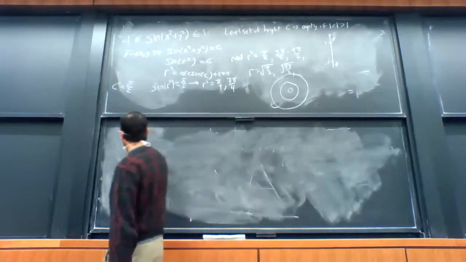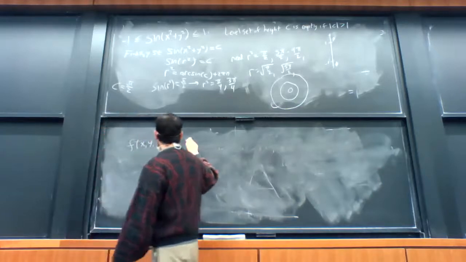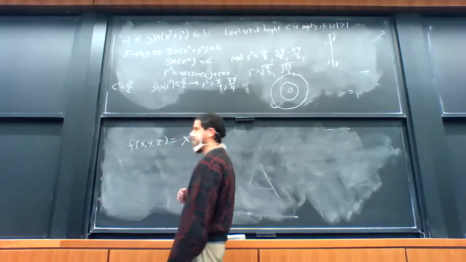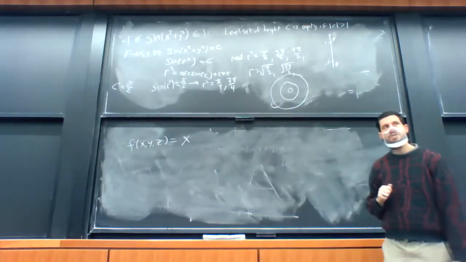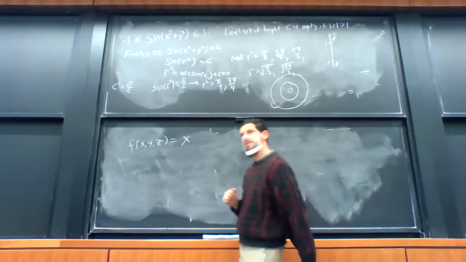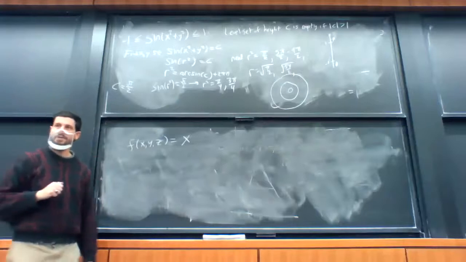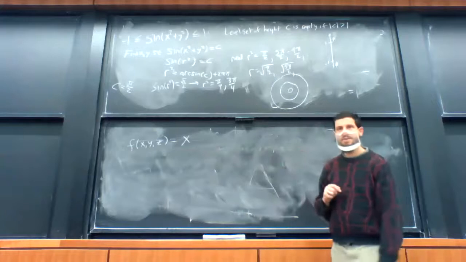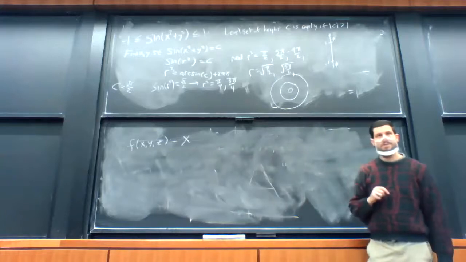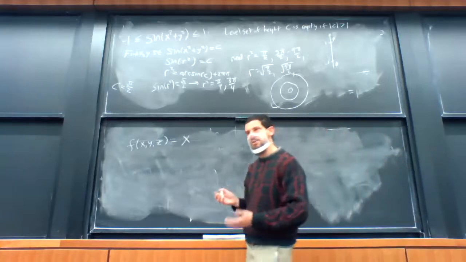If I give you maybe f of x, y, z is x, what do you think those level sets are going to look like? I want all points that will evaluate to the same value.